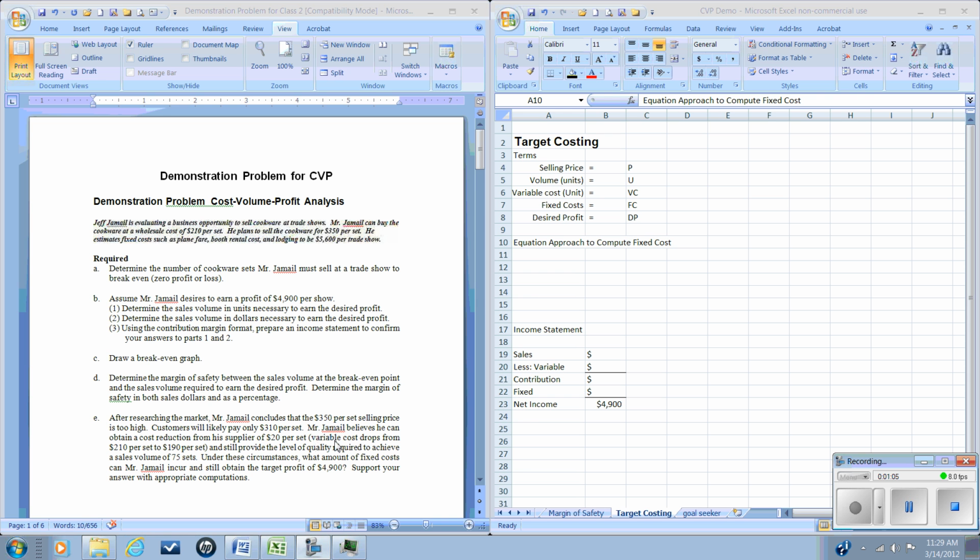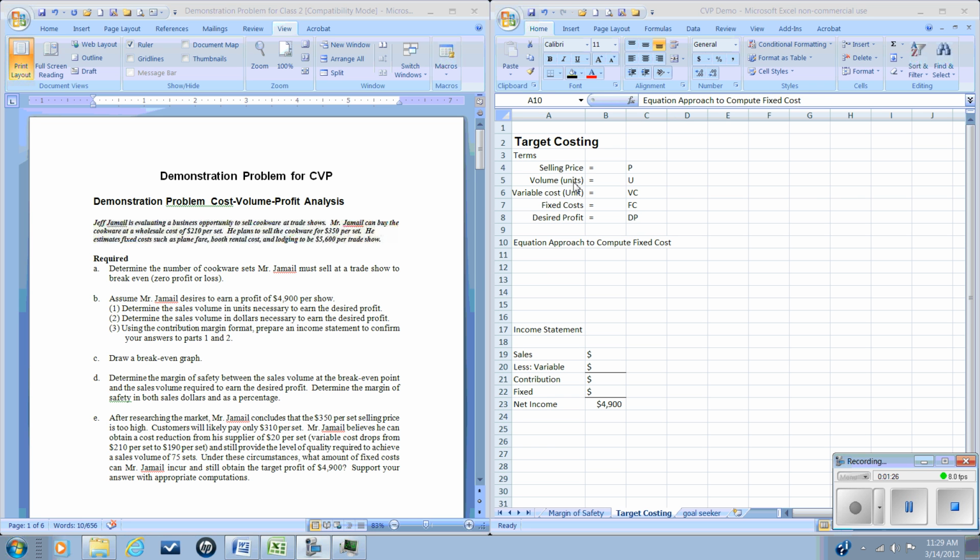So in the problem, our salesman goes back to his supplier and negotiates a reduction in the per unit set, using probably his market research, and they agreed to reduce their sales price to him from 210 to 190.